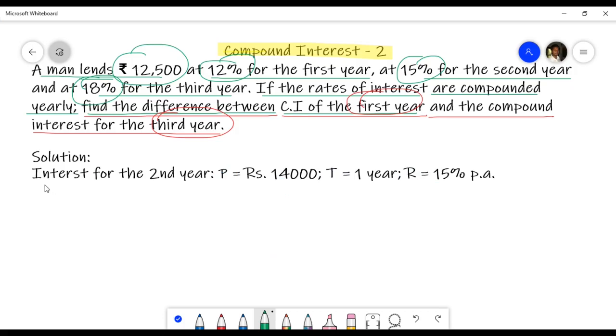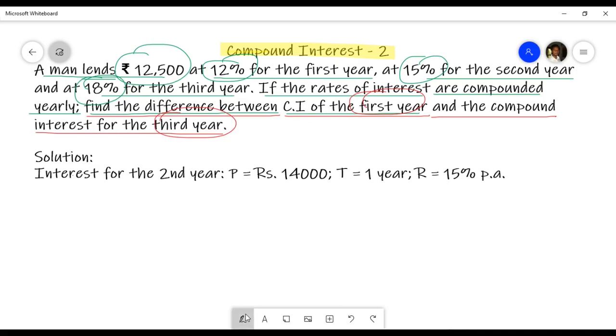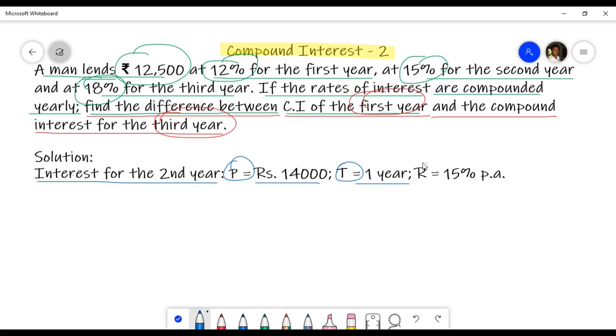Our next step will be to find the interest for the second year. You remember that the principal of the present year is the amount from the previous year. That's why the principal is 14,000 here. Time is taken as 1 year and rate as given in the question, 15% for the second year.